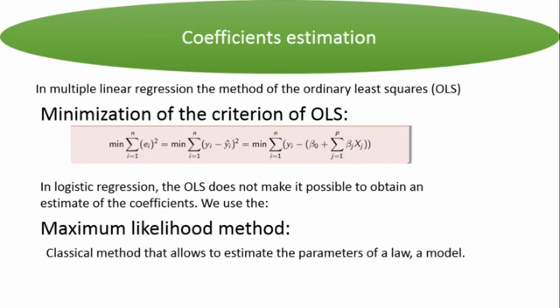So in logistic regression we will use the classical method of maximum likelihood, a method that allows us to estimate a parameter of a law or a model. We will come back to this method in a second.